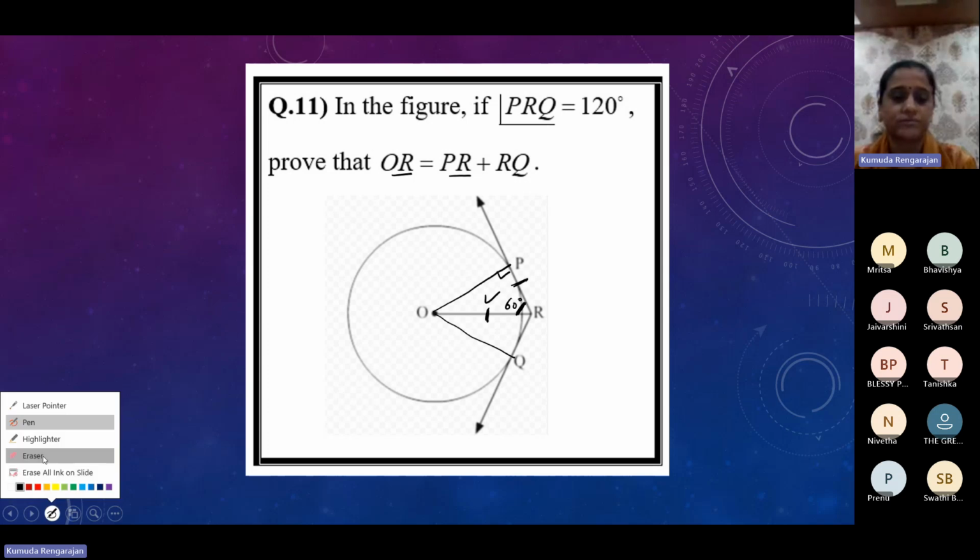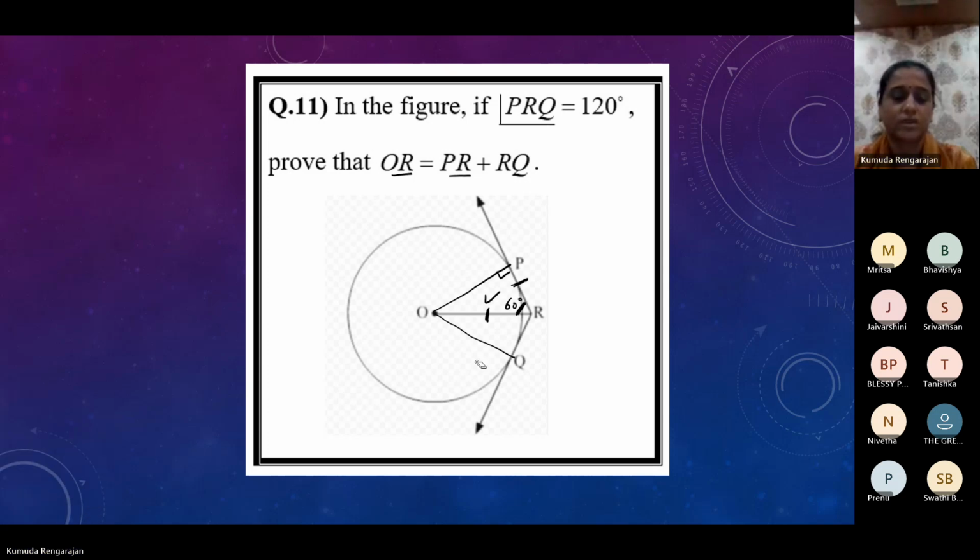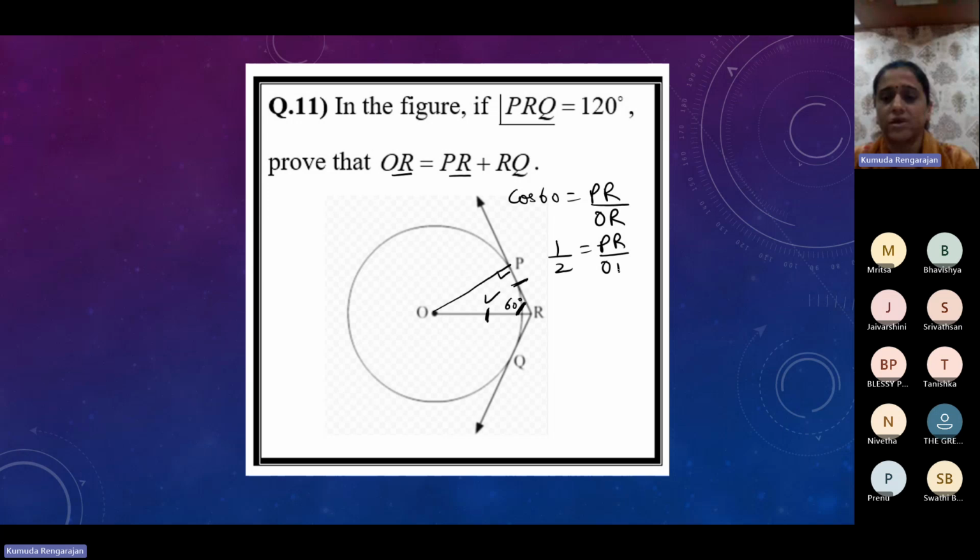This side is the hypotenuse. So cos 60 is equal to the adjacent side PR by the hypotenuse OR. Cos 60 is 1/2 is equal to PR by OR. Cross multiply, you get OR is equal to twice PR.